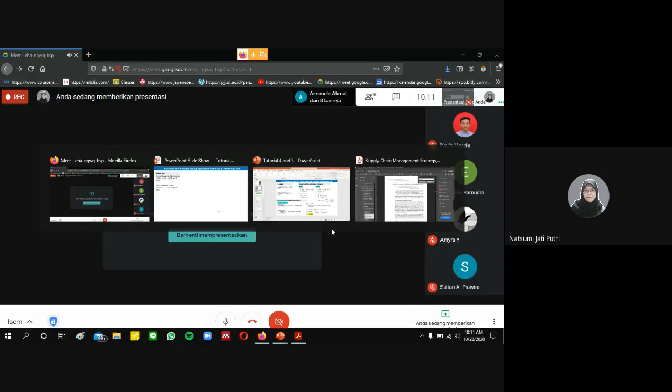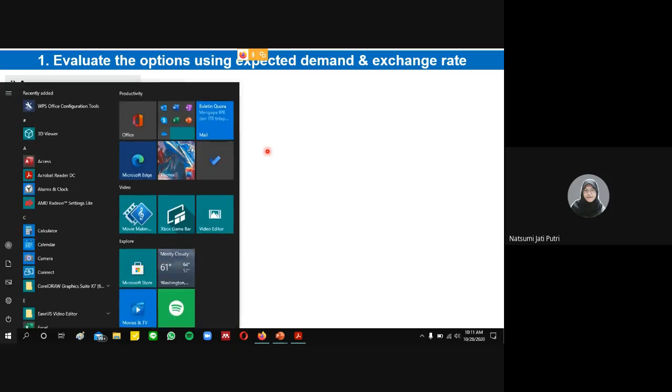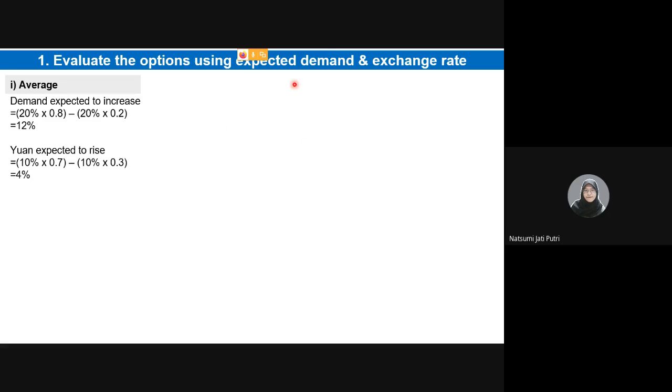If we compute with discounted cash flow, we evaluate the option using expected demand and exchange rate. First, we need to compute the average. The demand expected to increase is 20% times the probability 0.8 minus 20% times the probability 0.2, and we get 12%.